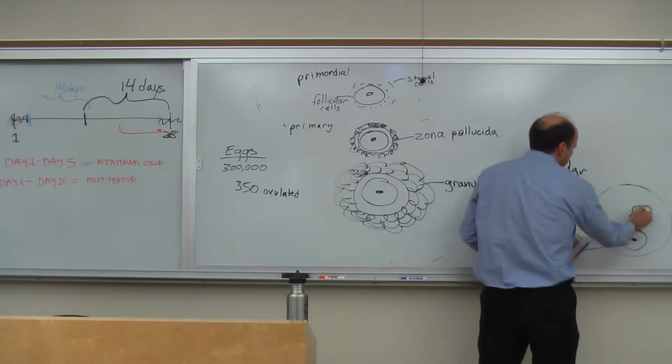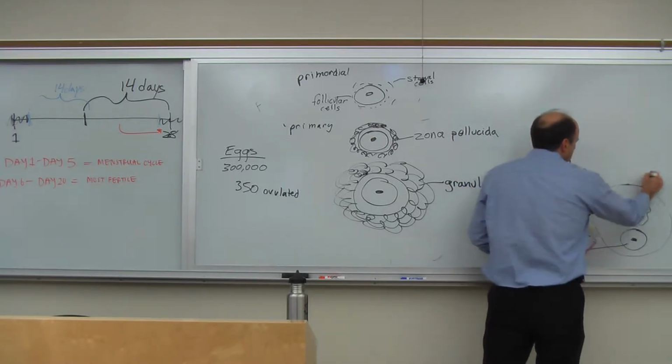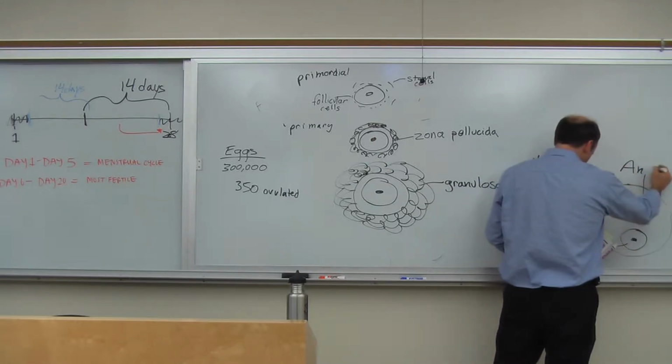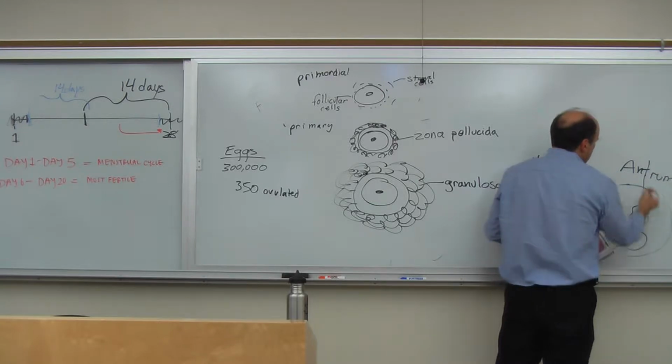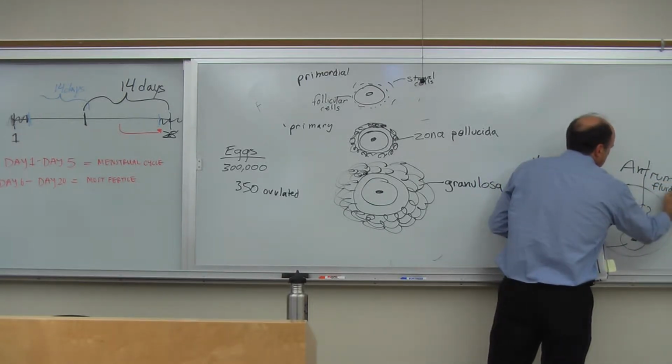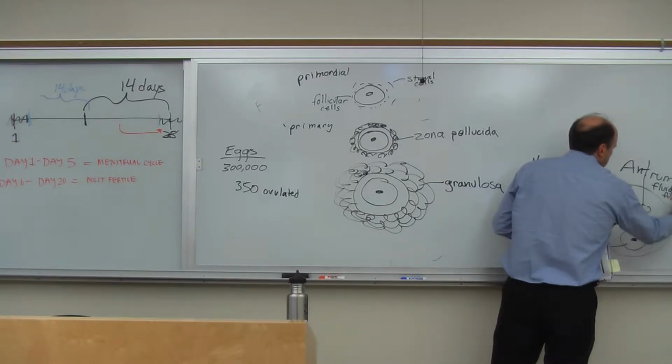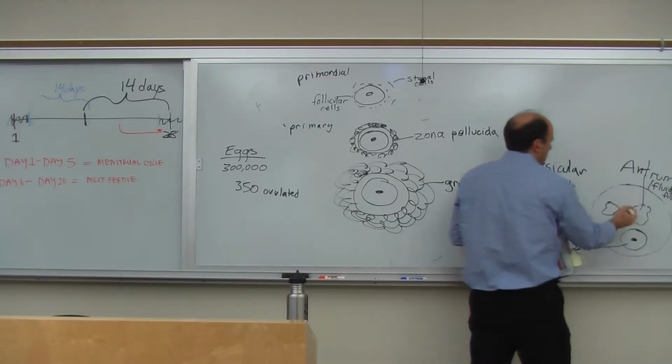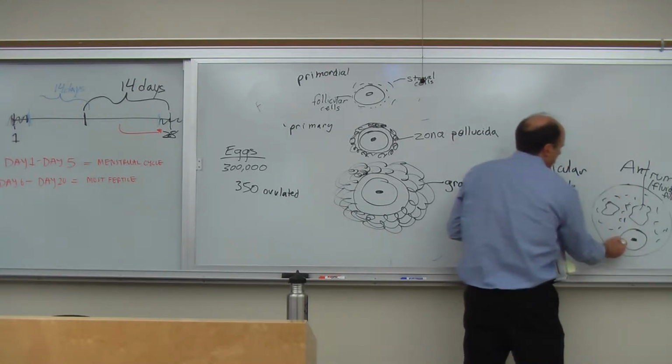And there's some spaces in here, and this is what they call the antrum. So this is fluid filled. And the rest of this stuff in here, this is all going to be granulosa.